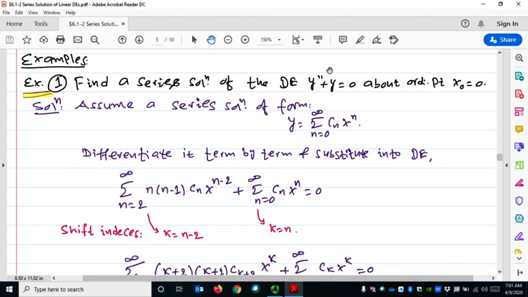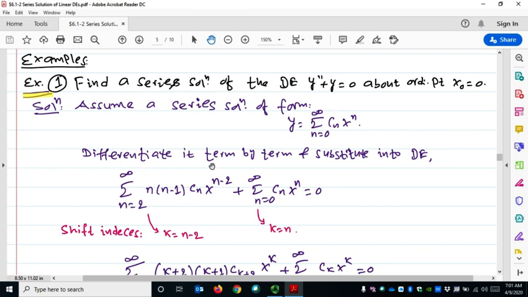By the way, a quick comment: all the real numbers are ordinary points here. We pick 0. So assume a series solution of the form y equals this power series. We pick x0 equals 0 here, where the c_n's are constants to be determined.